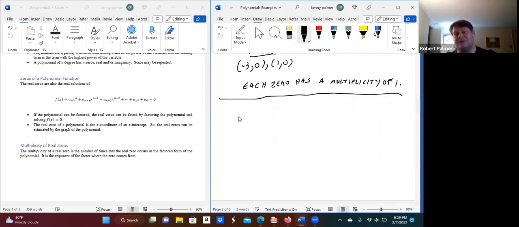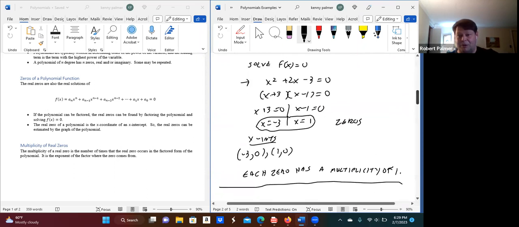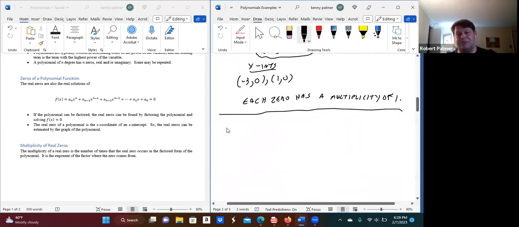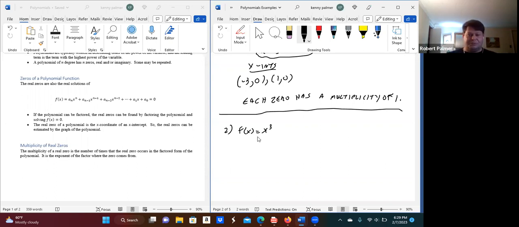Now let's take a look at another example. I understand this kind of explains this idea of multiplicity a little more. Let's take a look at a really familiar example of a polynomial function. How about simply f of x equals x cubed? The cube function. In this case, we don't have to factor it.